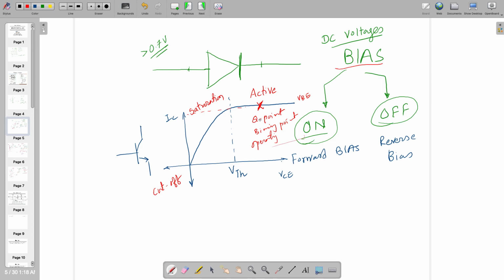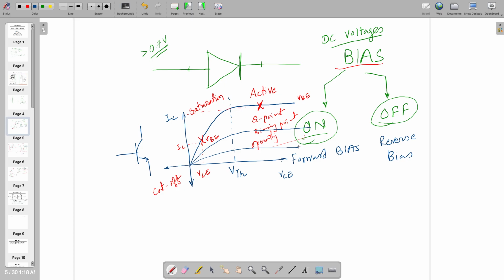All are synonyms of each other. It depends. If you are keeping here, your transistor is in saturation, but the value of IC and VCE changes. VBE is the same because you are on the same curve, but the value of VCE and the value of IC is changed. Are you following?